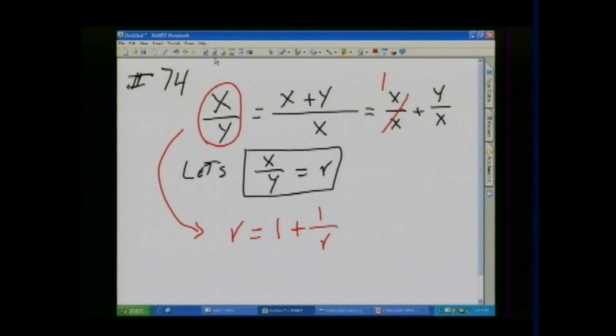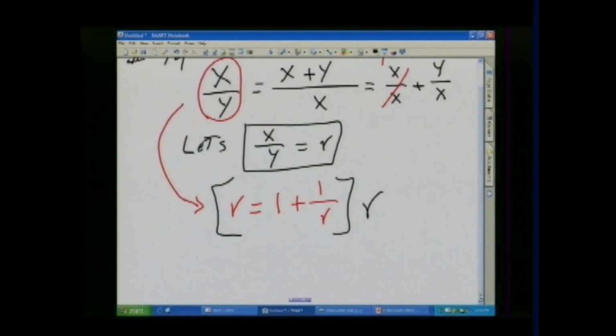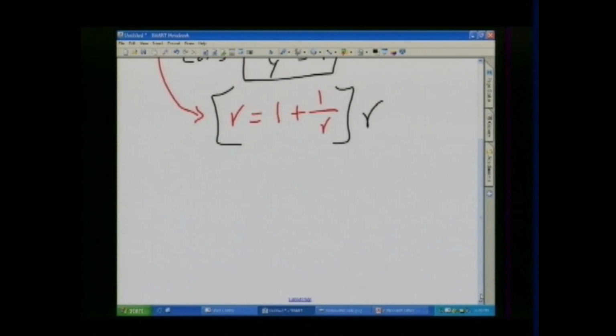This is an equation, and I want to solve for r. To do that, let's multiply everything by an r, both sides of the equation. I can do that. That does not change the value of the equation.